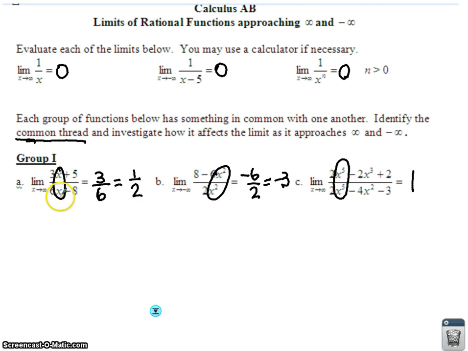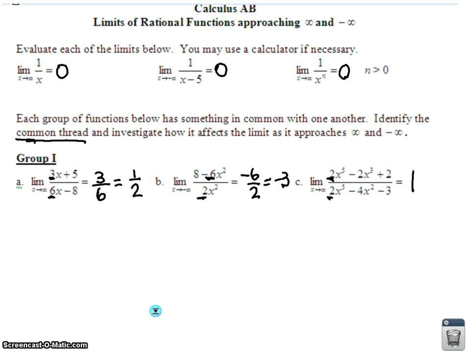These have a degree of 1, a degree of 2, a degree of 5. So hopefully you can also see the relationship of where this 3 over 6 came from, and where this negative 6 over 2 came from, and where this 2 over 2 came from.